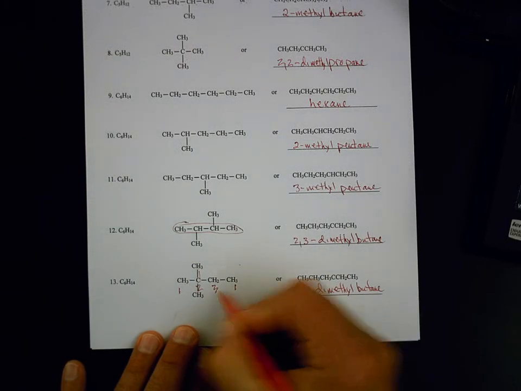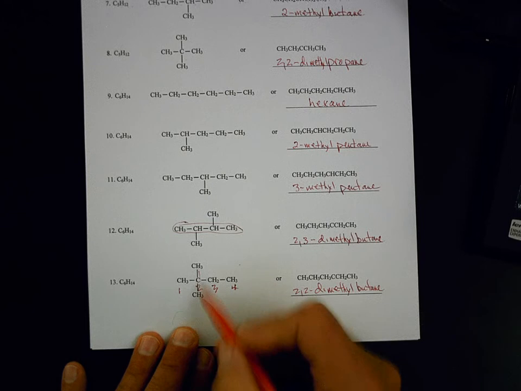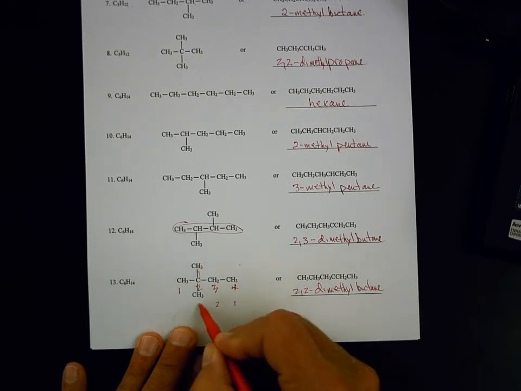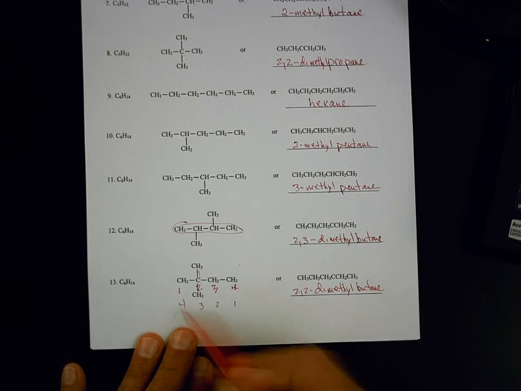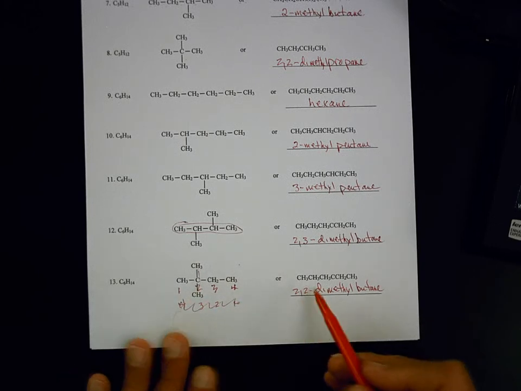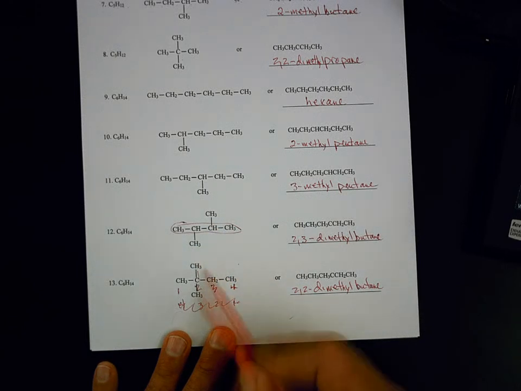It can be 1, 2, 3, 4 going this way, but if I put both these carbons over here, then it would have been 1, 2, 3, 4 from that side. So there's not another form. There's only going to be just the 1, 2, 3, 4. So 2, 3 on 2 different carbons, or 2, 2 on the same carbon.